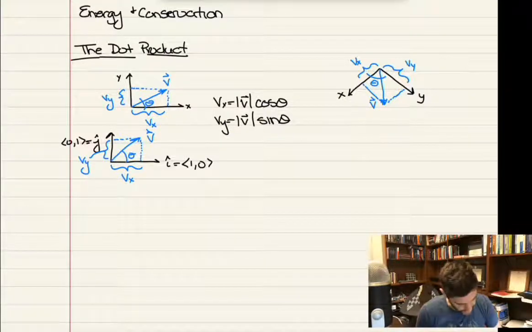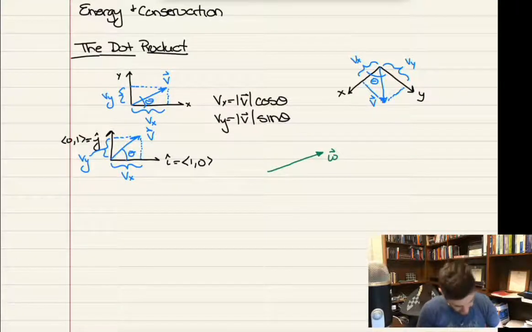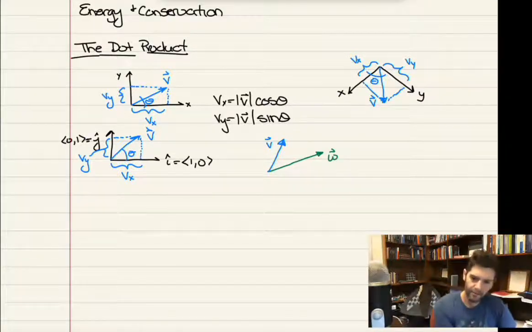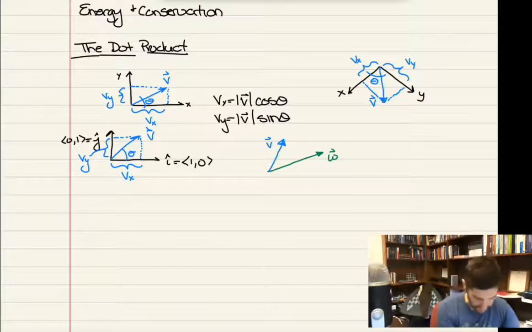What if I had a more general vector here? Perhaps I have some vector w and I have some vector v. They're not exactly parallel to one another. They're not anti-parallel. They're not perpendicular. But I could still ask myself, how much is v pointing in the same direction as w?